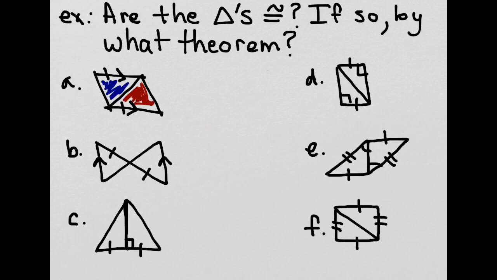If you remember from earlier, these arrows on these sides mean that those two line segments are actually parallel. So if they're parallel, that usually hints at congruent angles, and I'll tell you why.